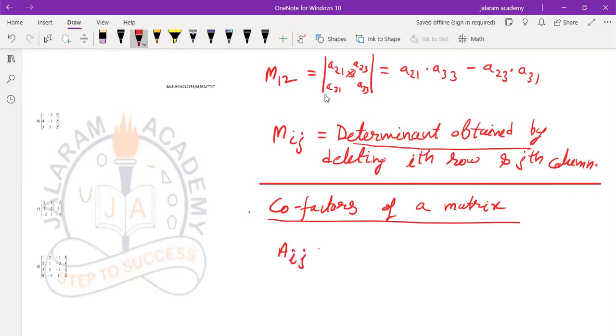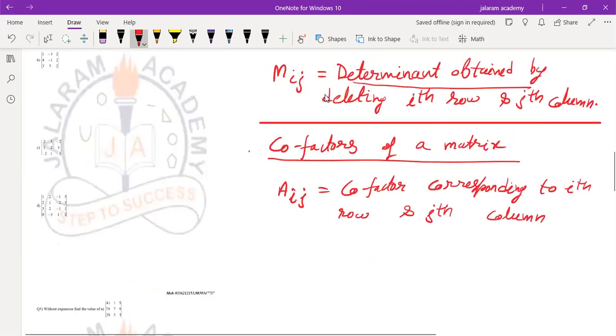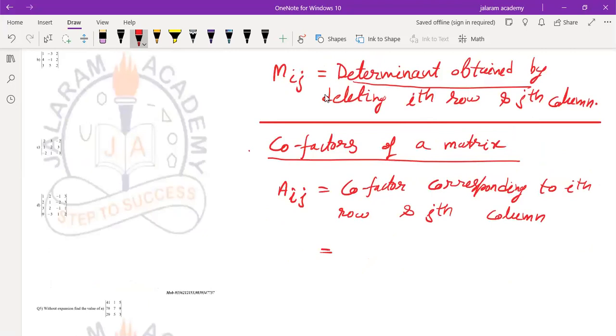Similarly, Aij means cofactor corresponding to ith row and jth column. And remember, it is related to minor. Minus 1 to the power i plus j into minor of ith row, jth column. This is the formula for cofactors of a matrix.